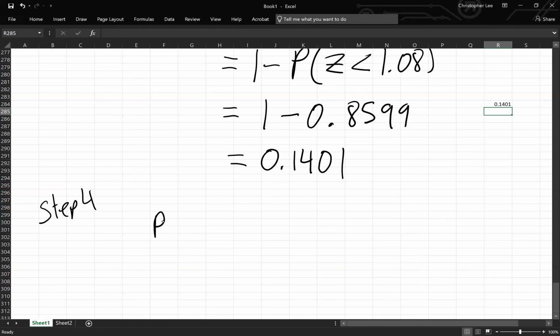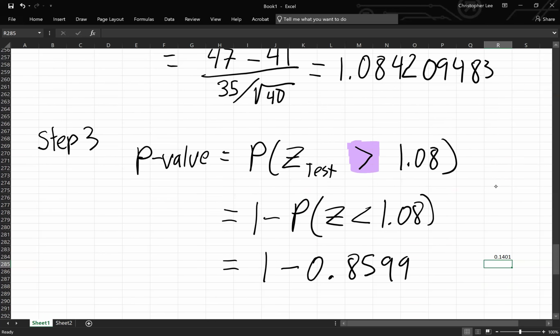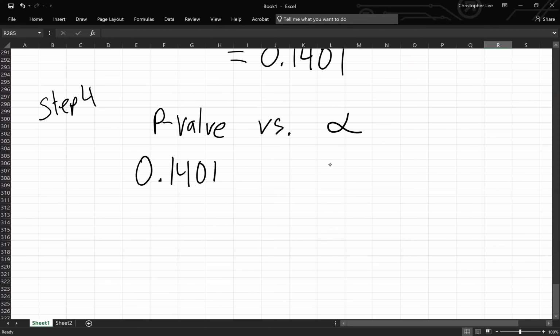Decision time. I want to compare my p-value versus my alpha. P-value is 0.1401. My alpha is, I don't even remember, 0.05.